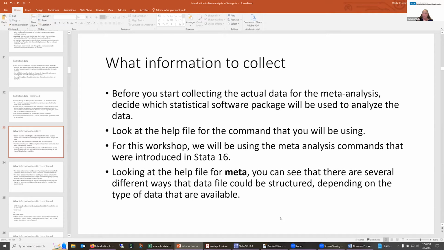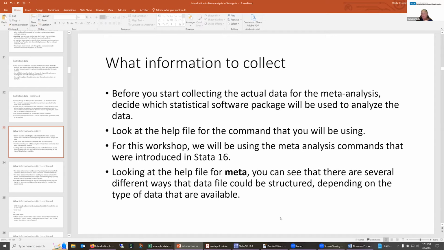The reason being that data organization may differ between the various packages, the various options may differ between the packages, and so you want to make sure that when you're setting up this data set, it is going to be ready for whatever software you're going to use. Obviously, we're using Stata here.